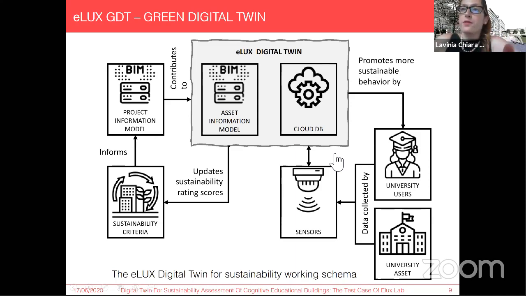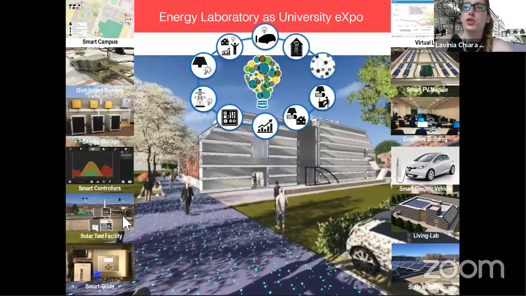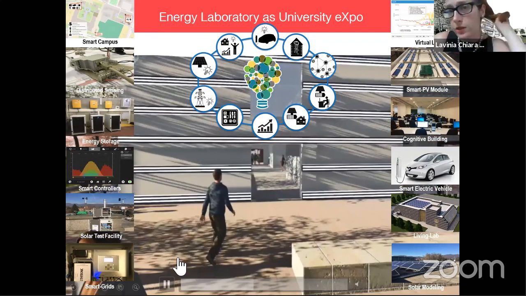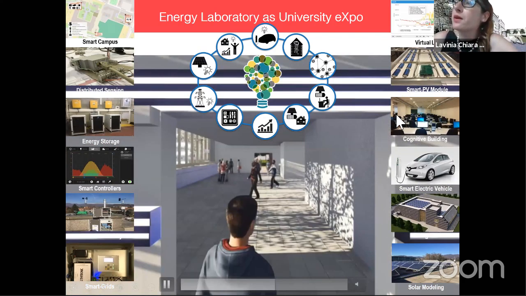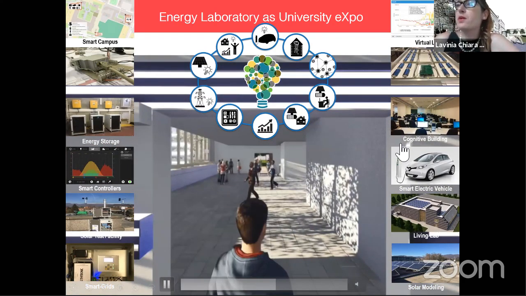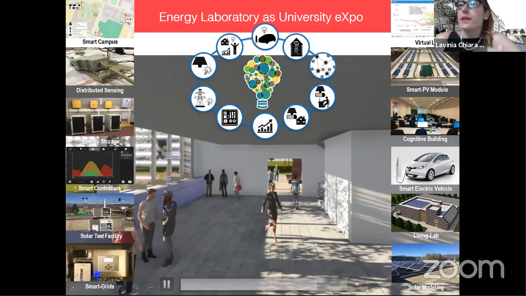And here is a vision of our pilot building and the ELUX lab, where we have the smart campus of the University of Brescia, with distributed sensing, energy storage, smart controllers and solar test facility, smart grid research, the virtual lab, smart and prototype electrical vehicles, and the cognitive building, and the solar model.